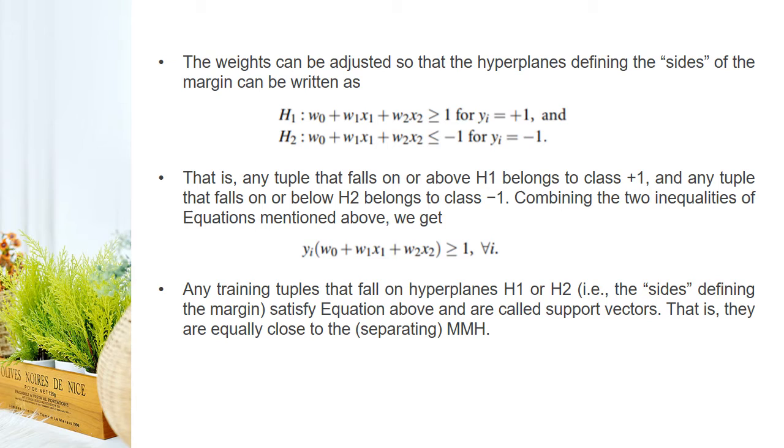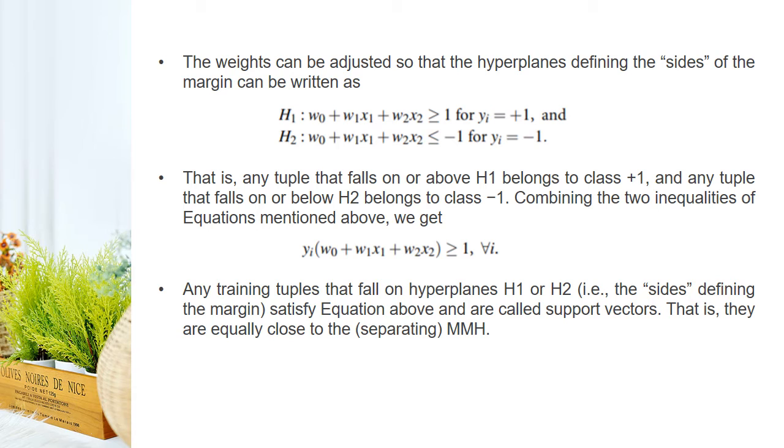The weights can be adjusted so that the hyperplanes defining the sides of the margin can be written as follows. Hyperplane h1 can be written as w0 plus w1x1 plus w2x2 greater than or equal to 1 for class +1, and h2, that is the hyperplane for the other class, can also be represented using the same equation, which will be less than or equal to -1.